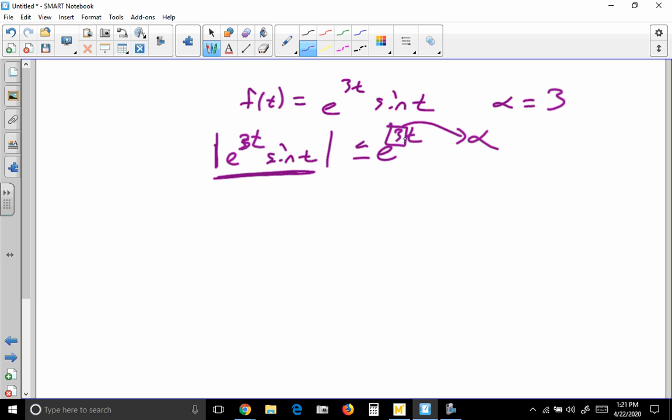Since there is a value here such that our function is always lower than that, that is our exponential order.